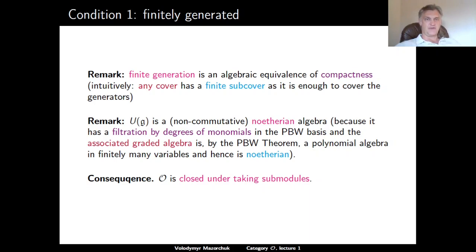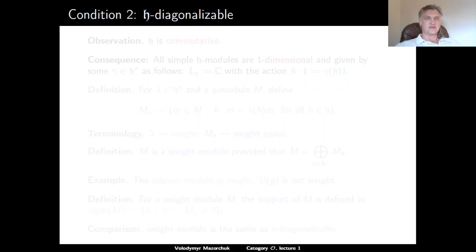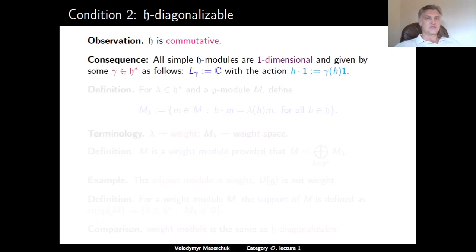So this is about the first condition of being finitely generated. The second condition is that modules in category O are supposed to be h-diagonalizable. Observe that h, the Cartan subalgebra of a finite dimensional semi-simple Lie algebra, is commutative. Hence, all simple h-modules are one-dimensional and are given by linear functionals on h.